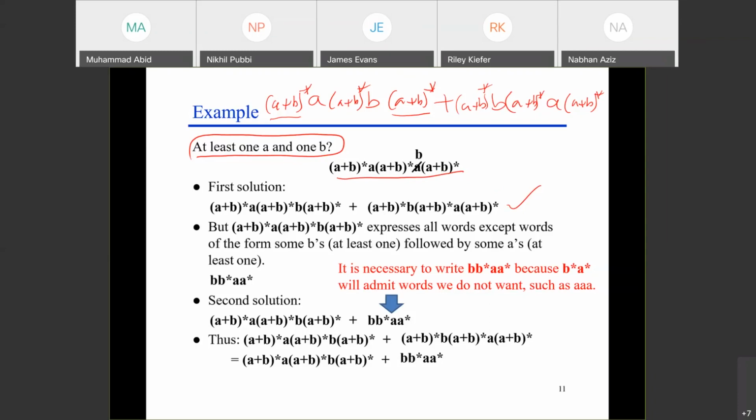Gradually, when you become more experienced, you will learn to write it in a way where you do not repeat any term which is already possible from some other part of your regular expression, because it costs you in terms of resources when you do the practical implementation.